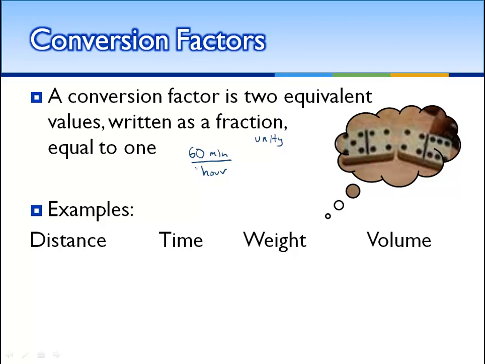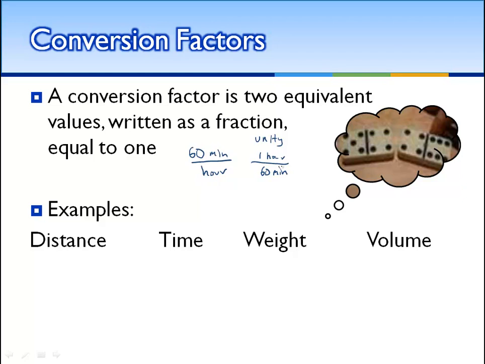Now, 60 minutes per hour could also have been written like this. 1 hour is equal to 60 minutes. This fraction is also equal to 1. And which of these fractions you use in a scenario depends on whether you're trying to convert from hours into minutes or whether you're converting from minutes into hours.